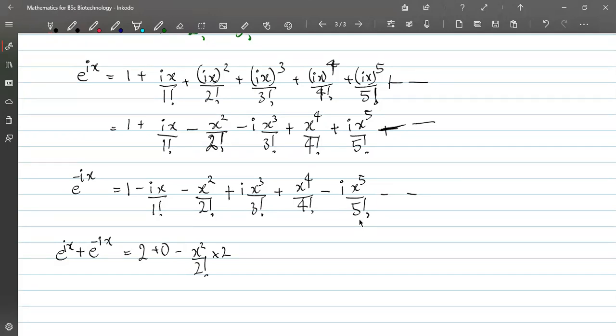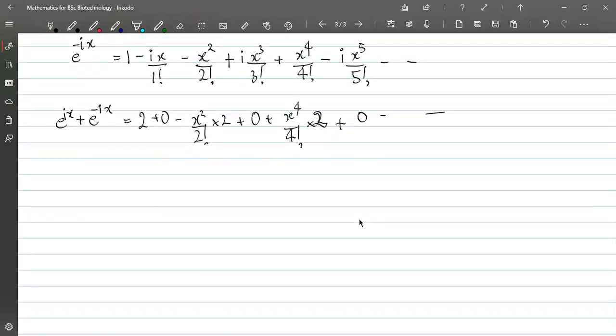And over here again minus and plus, but everything else is the same. So this minus and plus cancel. So that next is also 0. Here you have again x to the 4 by 4 factorial added to itself, so times 2. Next term will again cancel out and so on.